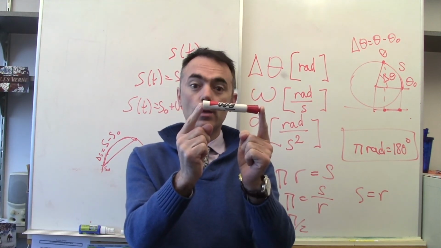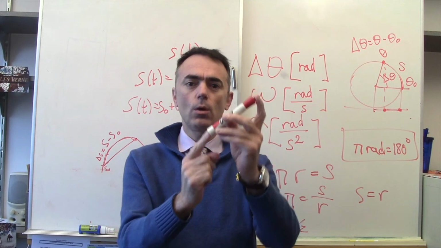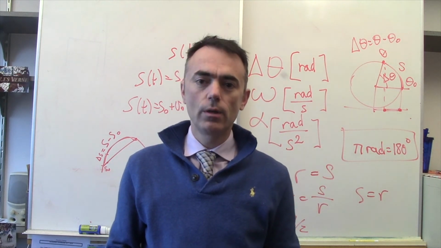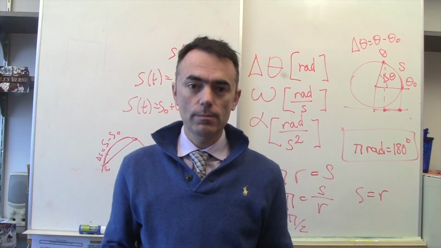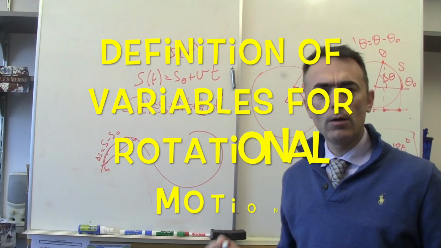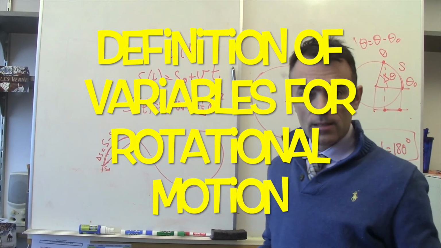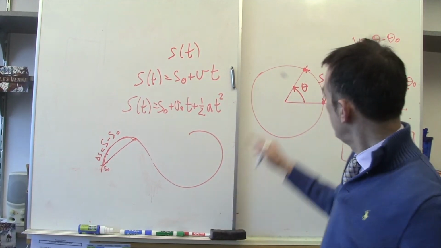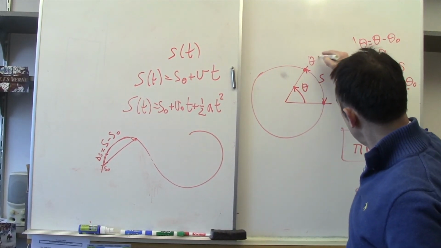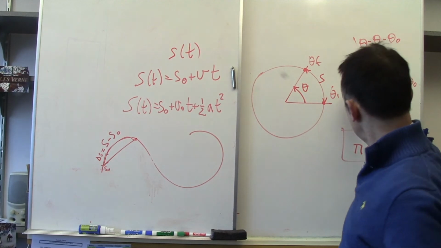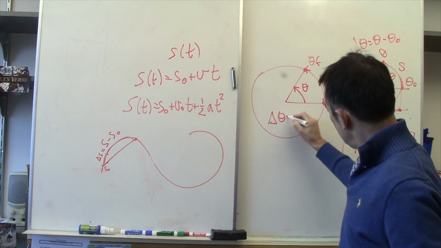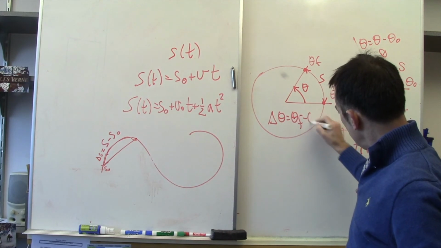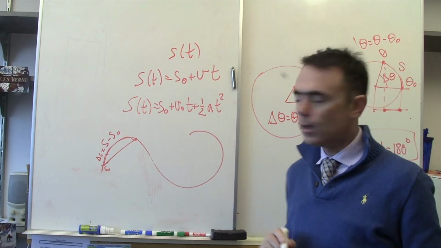The angle theta, measured in radians, is called the angular position and is analogous to the linear position variable x. An object's angular displacement is the difference of the final and initial angles: delta theta is just theta final minus theta initial.